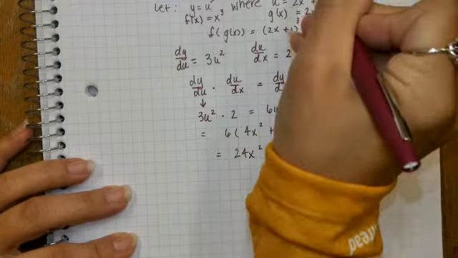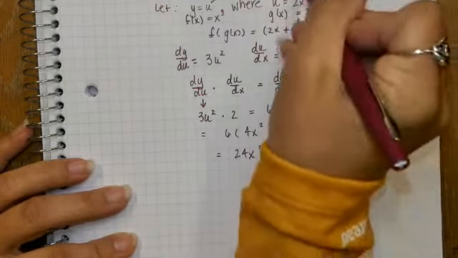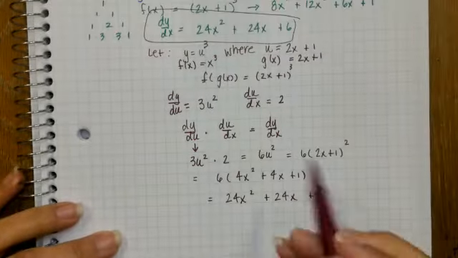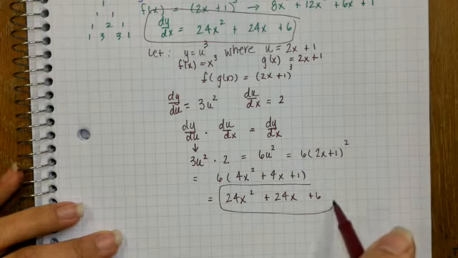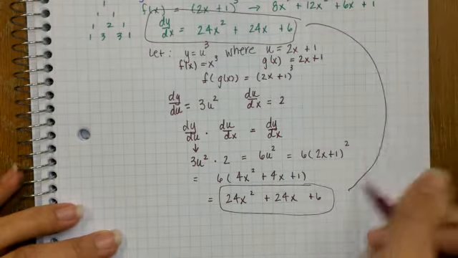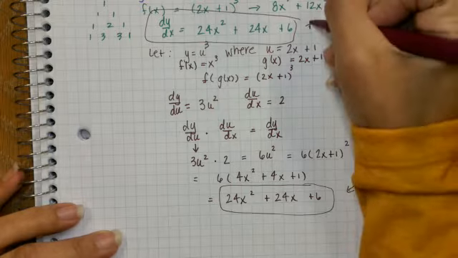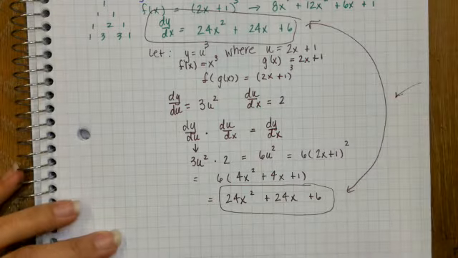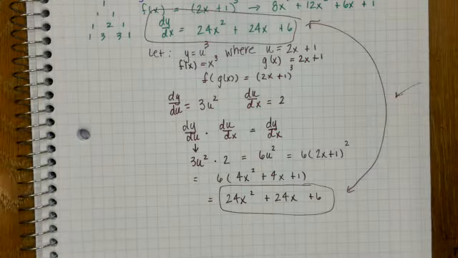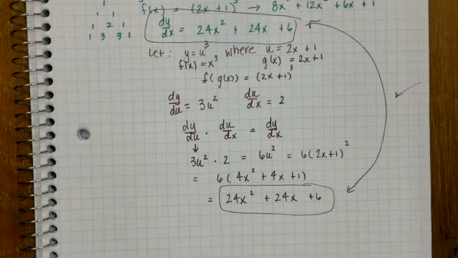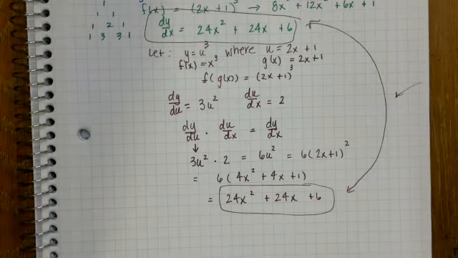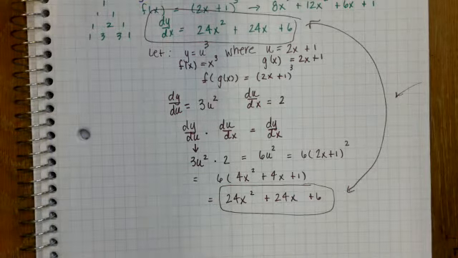And these do indeed match. Okay. So this is the chain rule. I'll give you a synopsis of what it looks like with proper notation in just a minute.